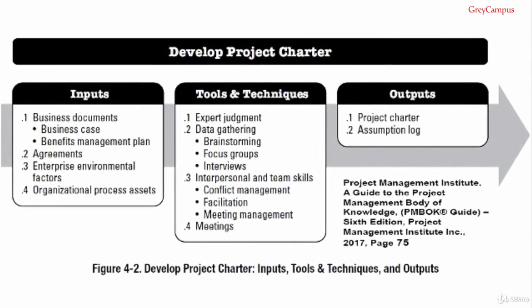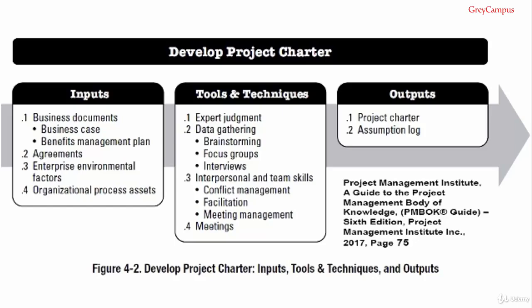Number one is expert judgment. In general, expert judgment means the educated opinion of a trained, qualified and experienced person or group of people, and/or they have a lot of relevant experience in similar projects.